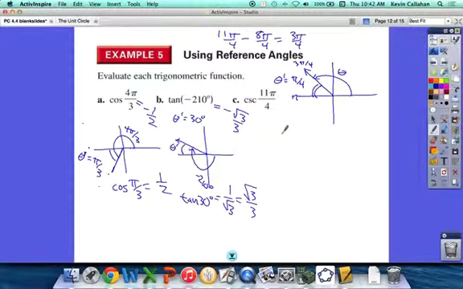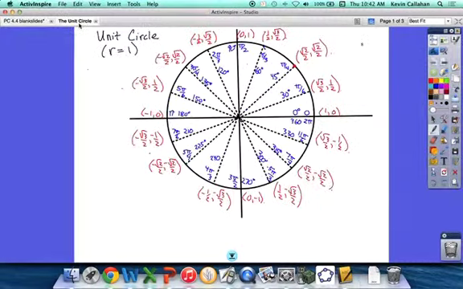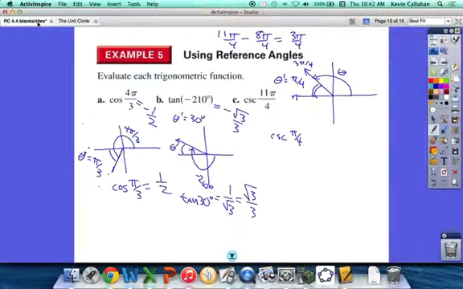So we would say the cosecant of pi over 4. Well, cosecant is 1 over which one? It's 1 over the sine. So go to our unit circle, and at pi over 4, the sine is root 2 over 2, right? So the cosecant of pi over 4 is 1 over the square root of 2.